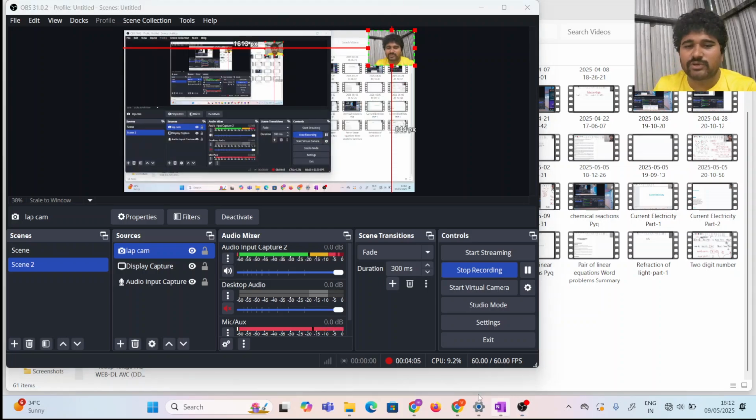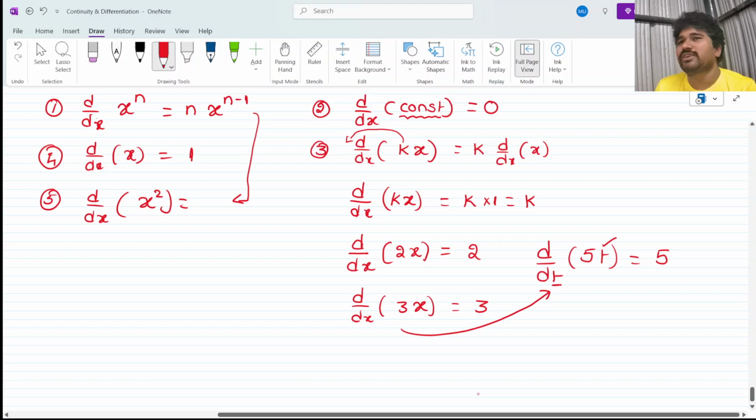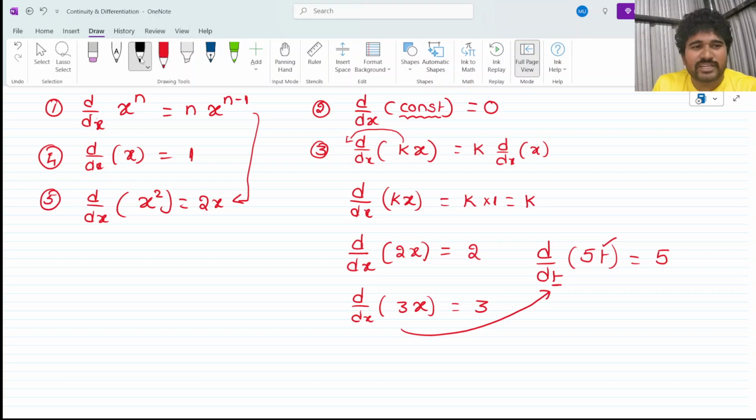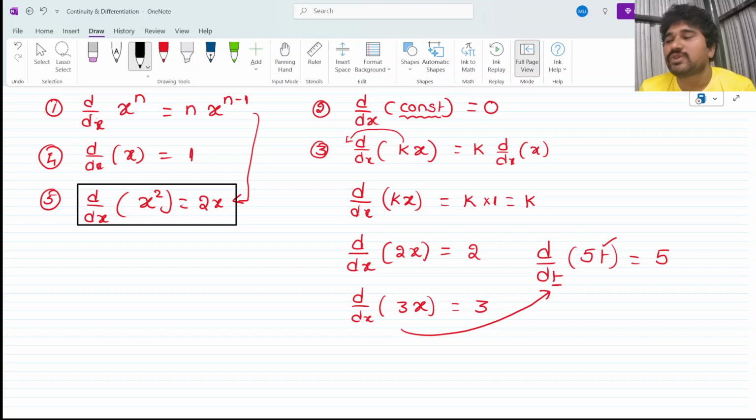If I write 2, what formula are we going to get? 2x. Keep this in mind. What is the differentiation of x square? 2x. Why am I telling this?